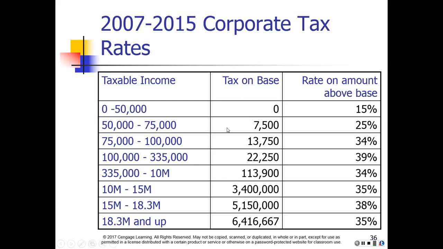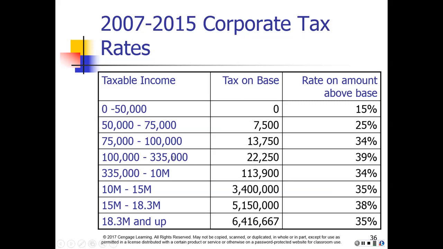So 7,500 plus 6,250 gives us 13,750. Then 34% of the next 25,000, right? And 34% of 25,000 is 8,500. So add 8,500 to the 13,750 and we'll get 22,250, right?